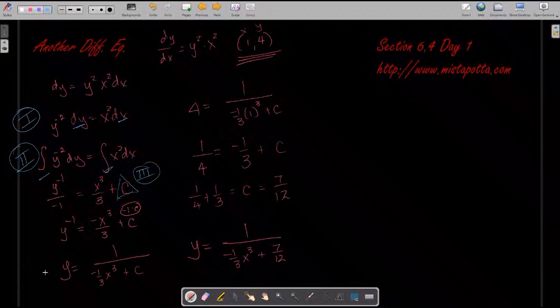At this point, I want to solve for my function. I want to have y as a function f of x.